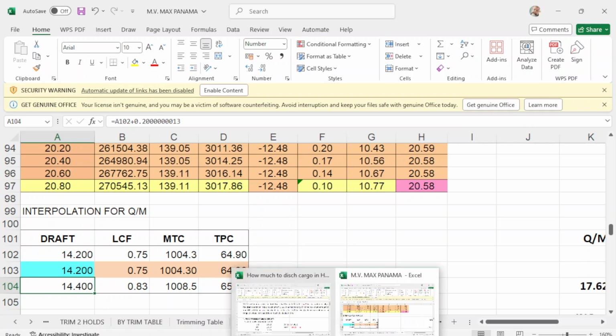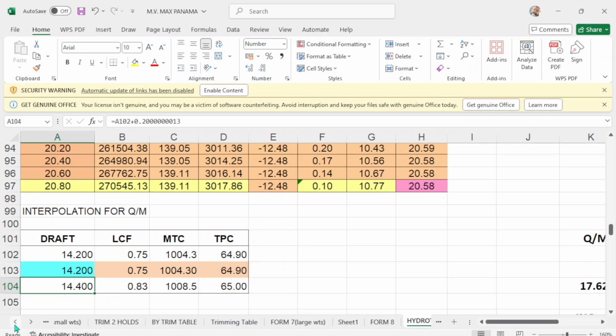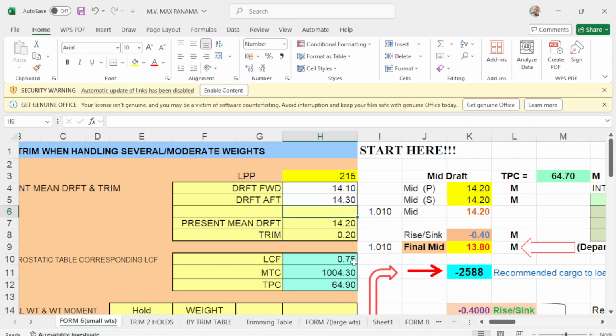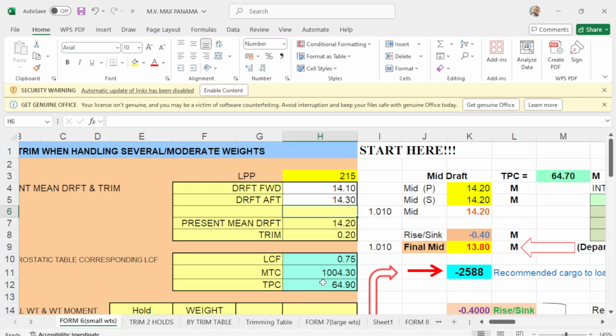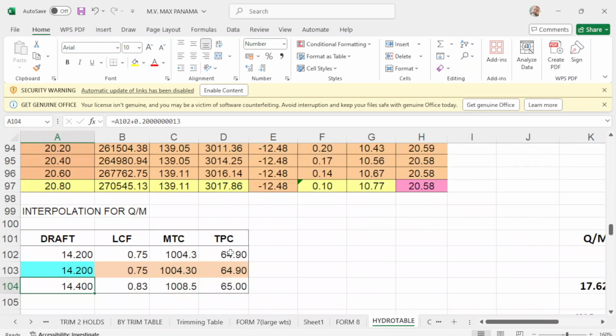The first would be LCF. LCF is 0.75. MTC is 1004.3 and TPC is 64.9. So it's already confirmed.